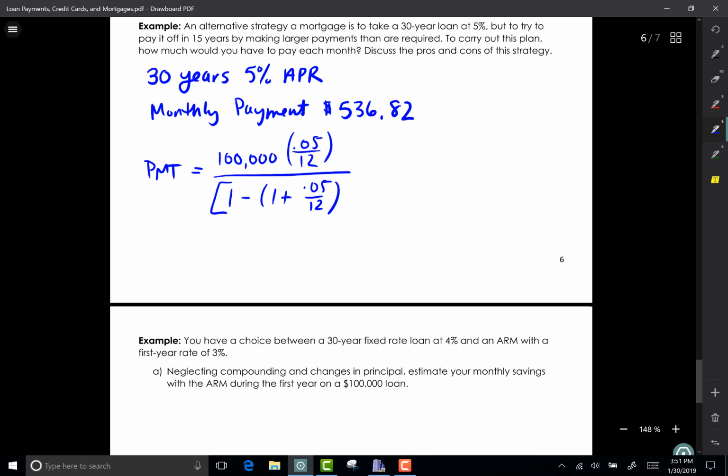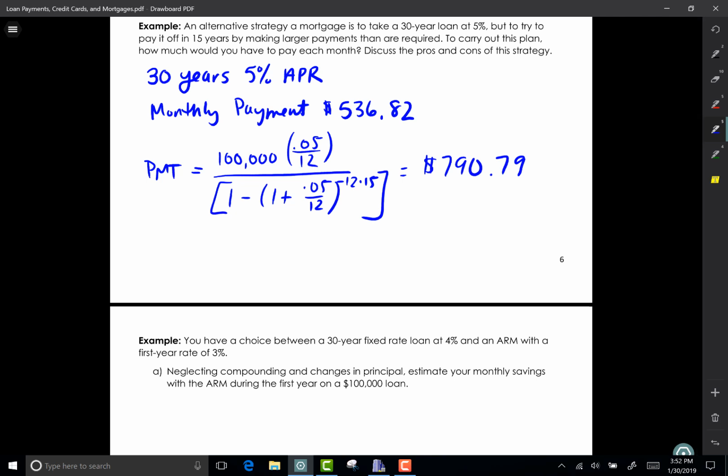And we're trying to pay it off in 15 years. So I'm going to raise it to the power of negative 12 times 15 for the 15 years. And when I put that into my calculator, I'll find that my payments would have to be $790.79 in order to pay it off in 15 years.